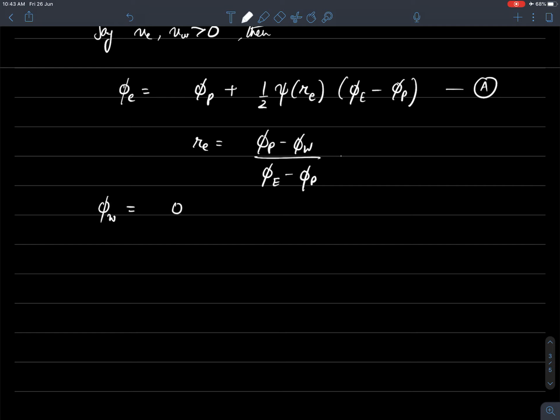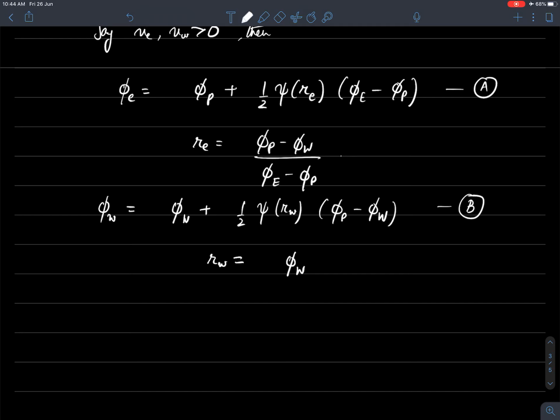Similarly, now I can write phi_w to be phi_W plus half psi of r_w into phi_P minus phi_W, where again r_w is, remember, upstream versus downstream.